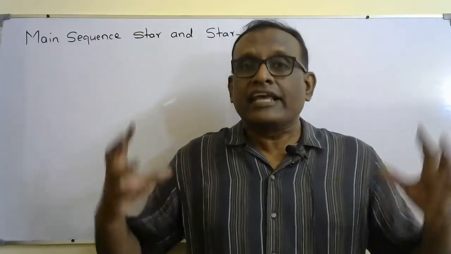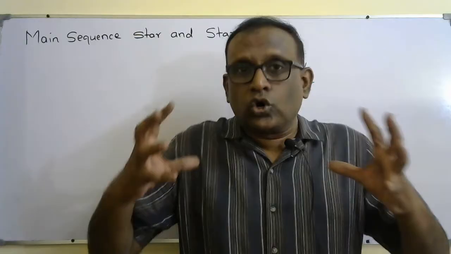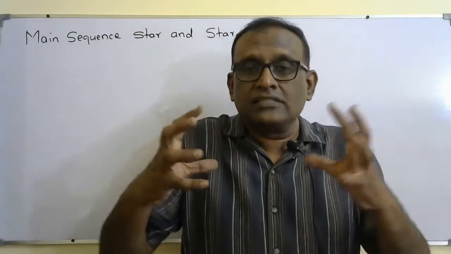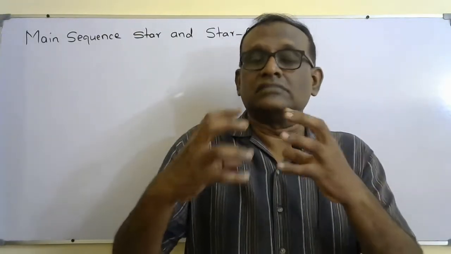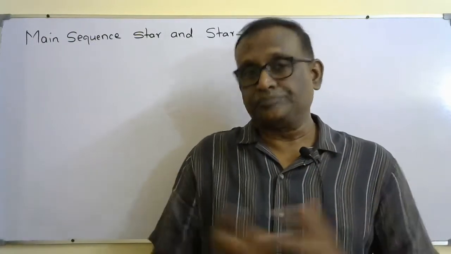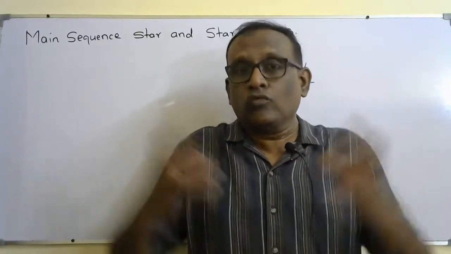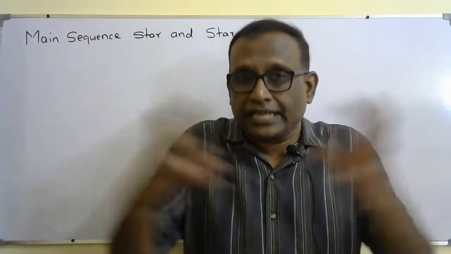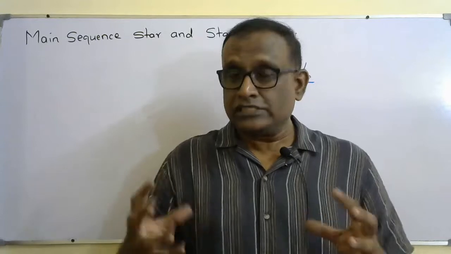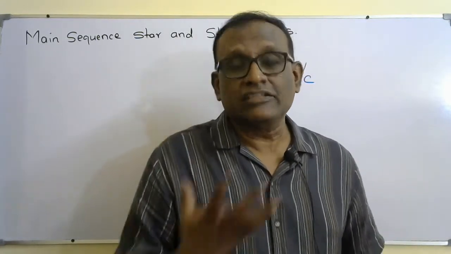It will have very large inward gravitational pressure. So due to that, the core will have very large density. The hydrogen atoms inside the core will be compressed a lot due to the inward gravitational pressure, which is given by a huge amount of mass. So what happens? The density will increase.